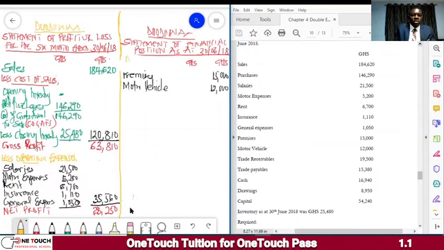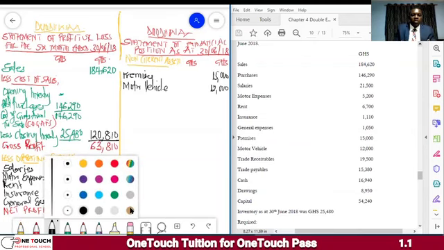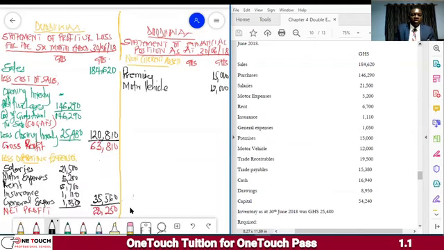We have premises, motor vehicle. Good. So let me add. This gives us 27,000. Good.